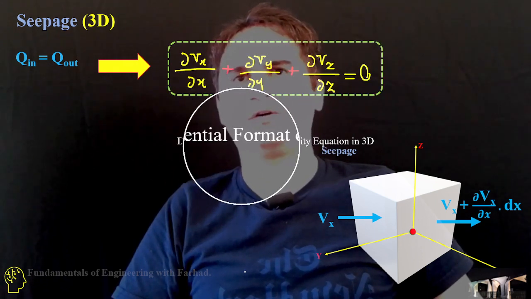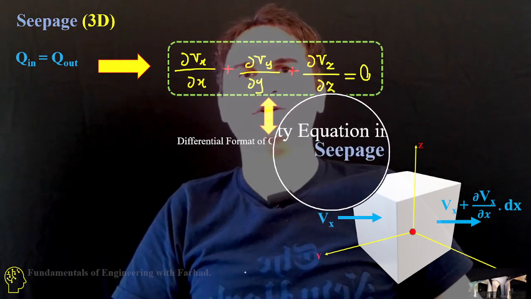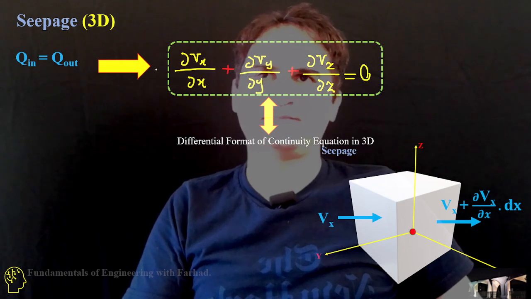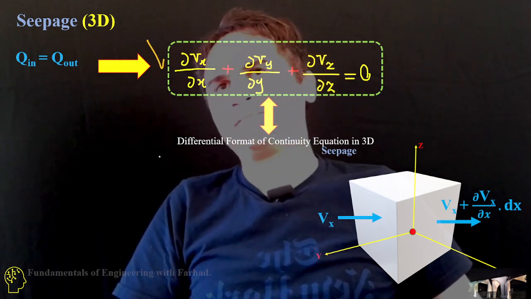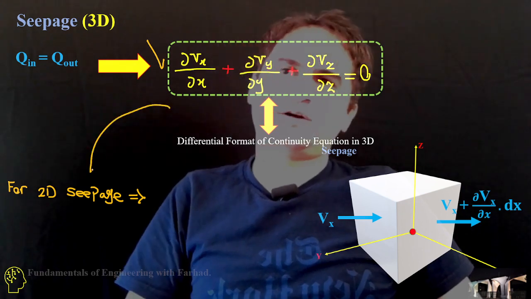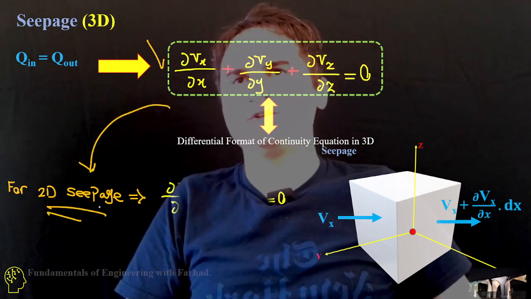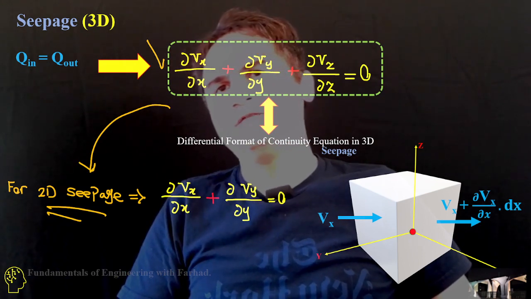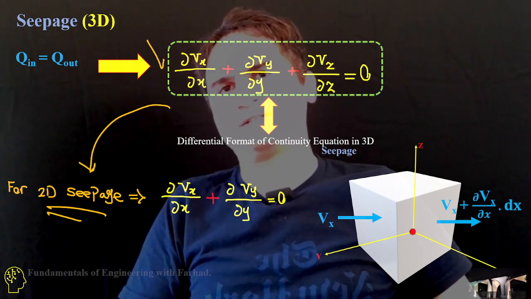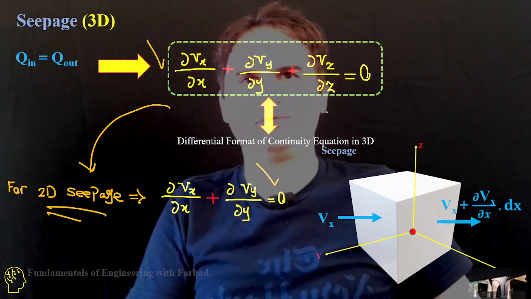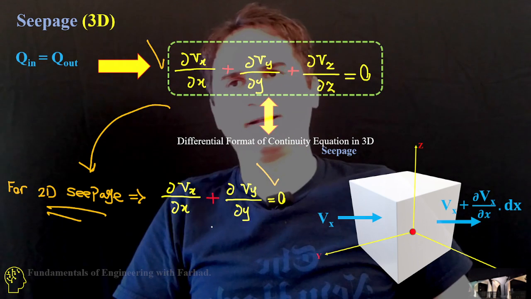That's the differential format of the continuity equation in 3D. If we consider it for a 2D seepage, it just says dvx over dx plus dvy over dy is equal to 0. That's for 2D, we just remove the third element.